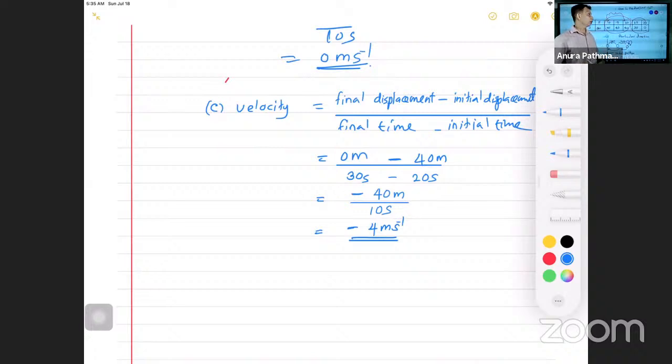So this is all about the motion of an object with the relationship between the displacement and time.